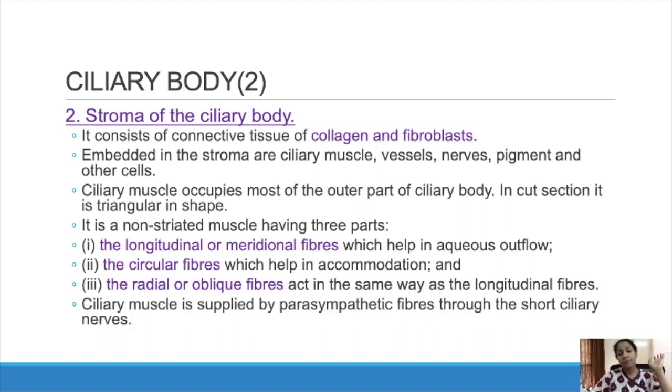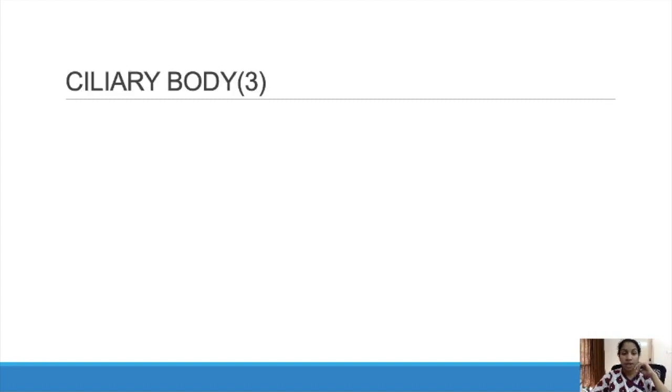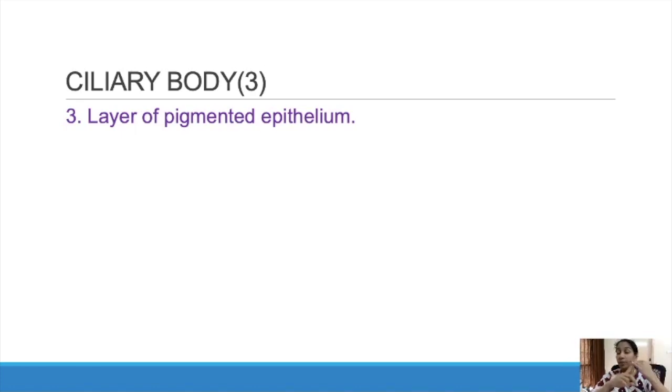The ciliary muscle is supplied by parasympathetic nerves from the short ciliary nerves. So that is the stroma. Stroma consists of all the pigment cells, ciliary muscles, vessels and nerves. So ciliary muscles have longitudinal and oblique fibers, and are supplied by parasympathetic fibers.